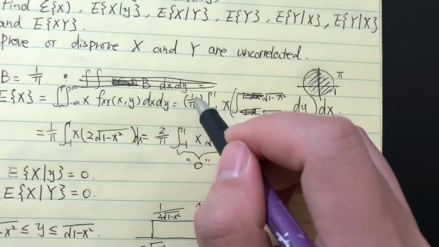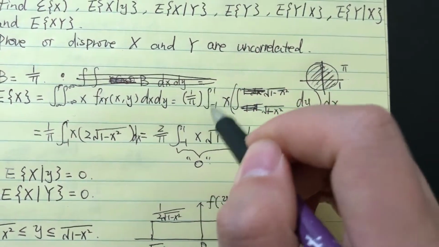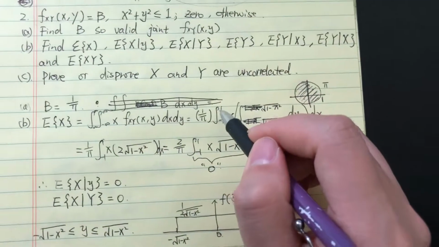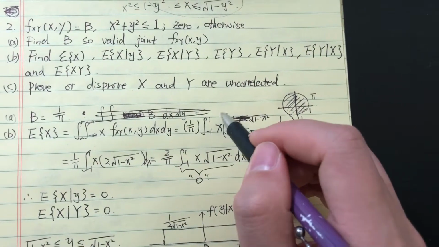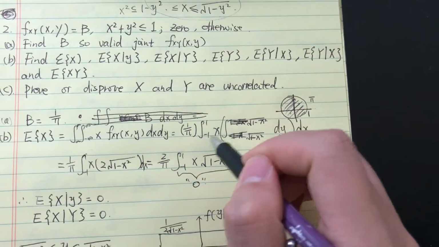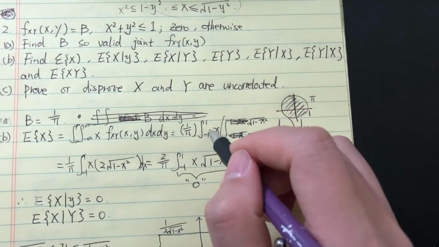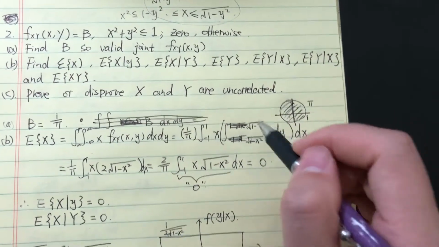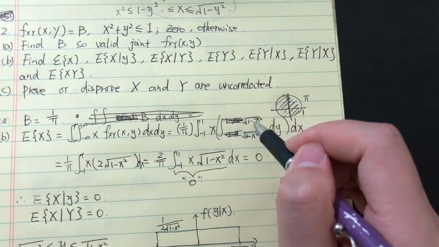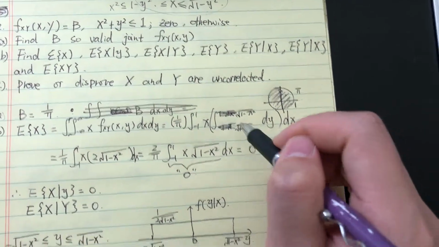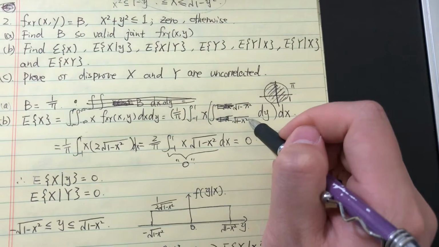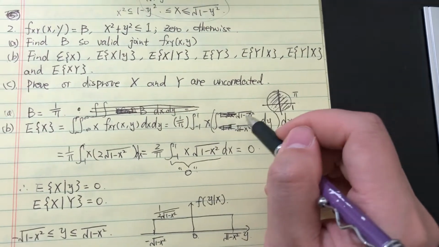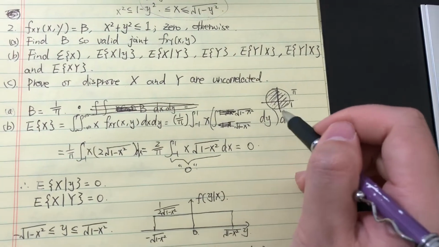Because b is 1 over pi, we write 1 over pi out of the bracket, and x is in the range of minus 1 to 1, times the range of y, which can be written as minus square root of 1 minus x squared to square root of 1 minus x squared, dy and dx.